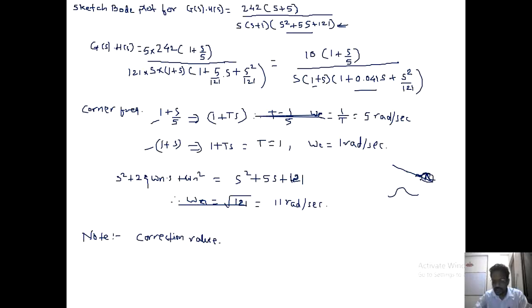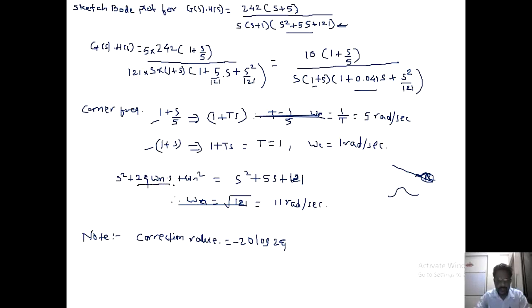So this peak, or correction value, can be calculated as 20 log twice zeta. Okay, and the formula is minus 20 log twice zeta. Before we go for this formula, let us calculate zeta.